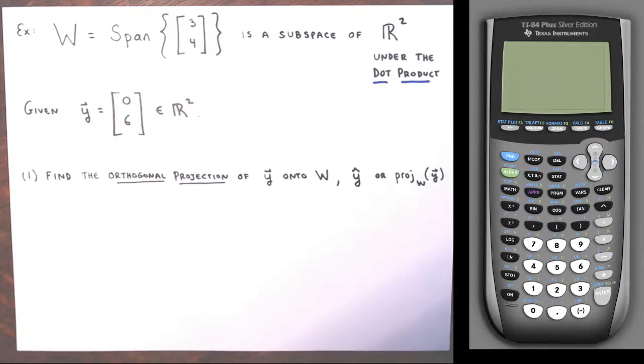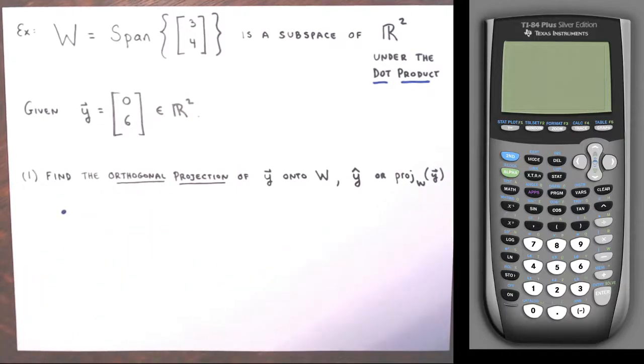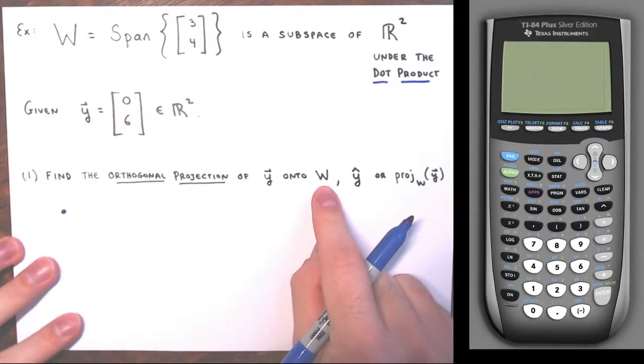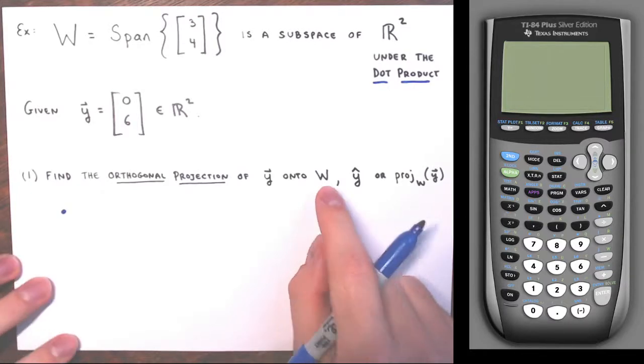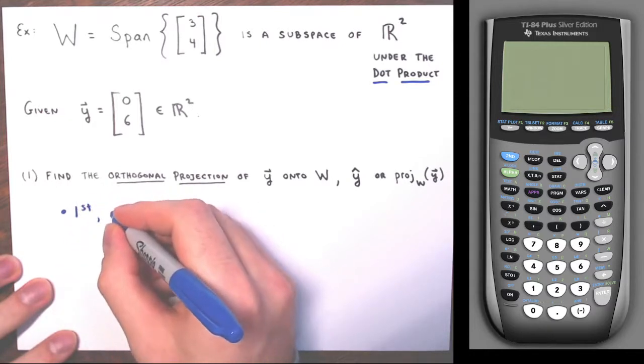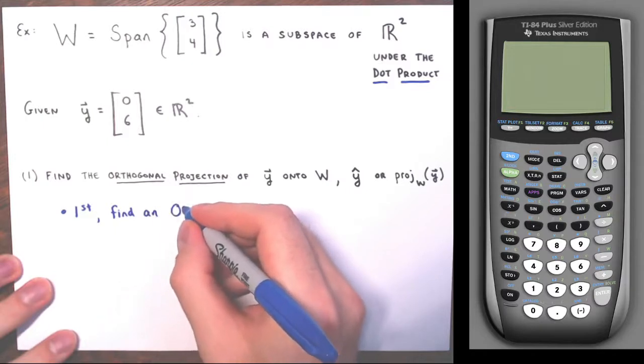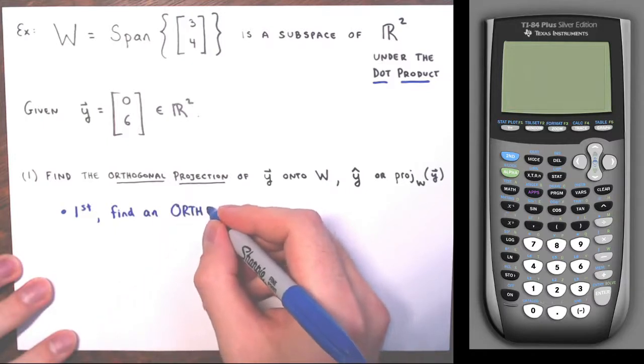So in order to do that, if I'm projecting onto W, the first thing I need is an orthogonal basis for W. So first, find an orthogonal basis, keyword being orthogonal.